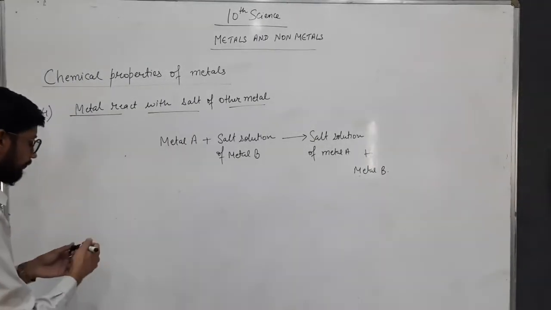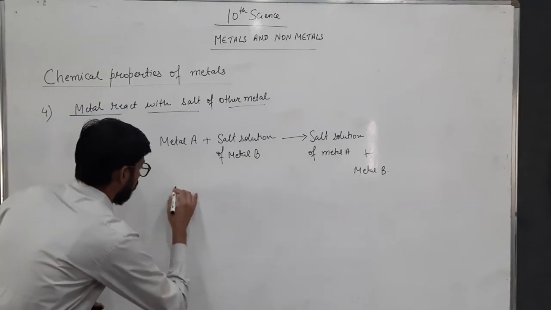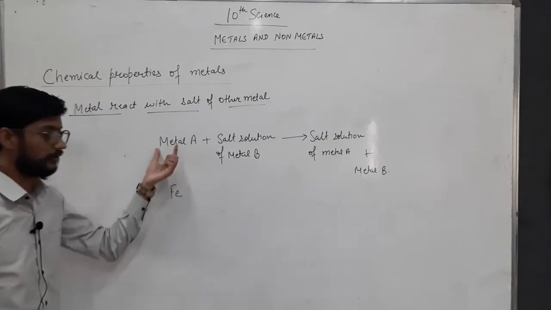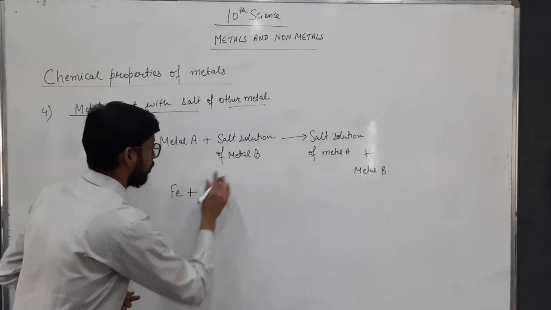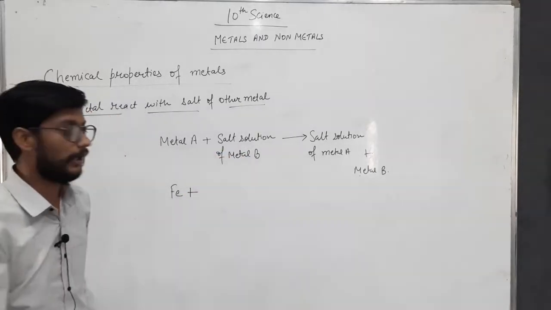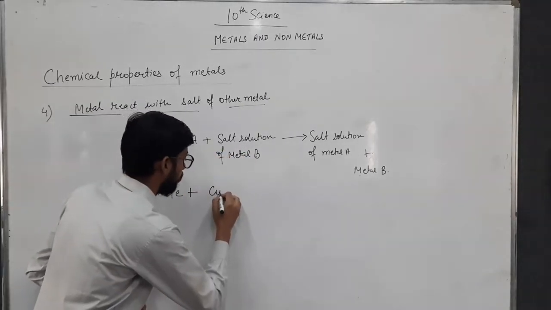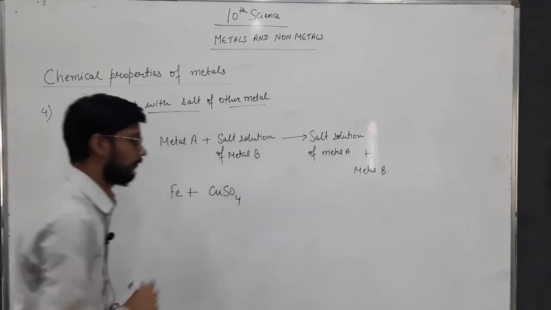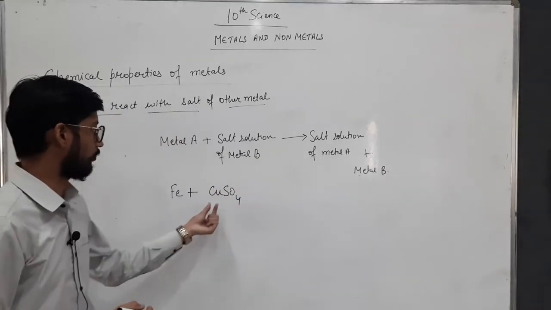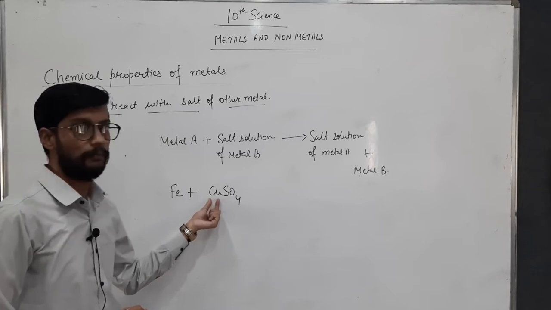So I'll give you one example. Let us say iron. This is metal A, plus salt solution of metal B. Let us say this is copper sulfate, CuSO4. This is the salt solution of metal B. Metal B is copper.